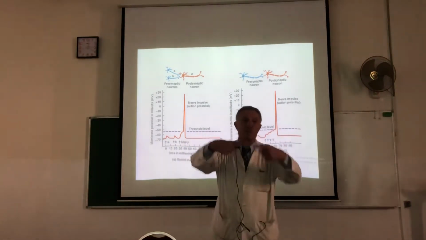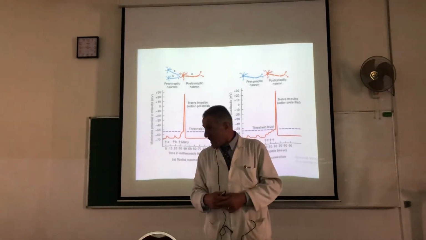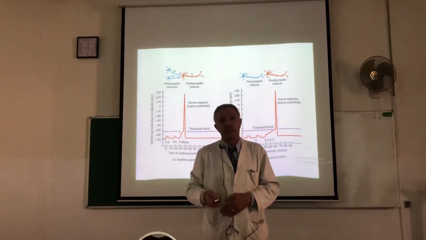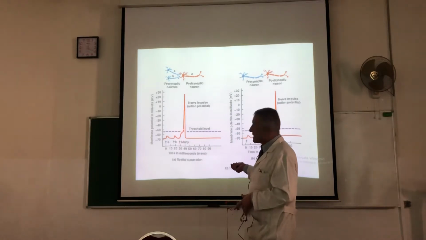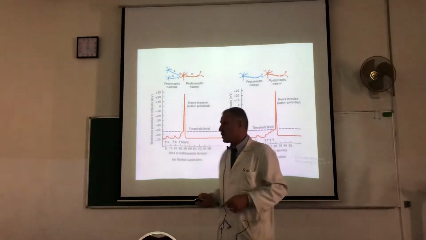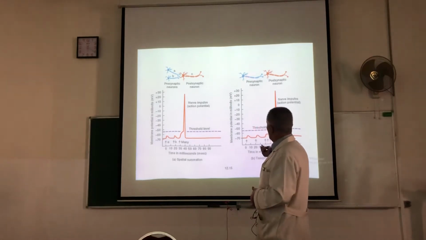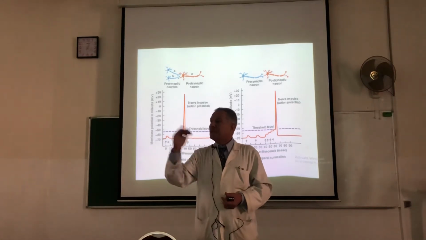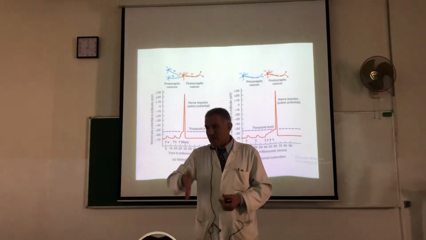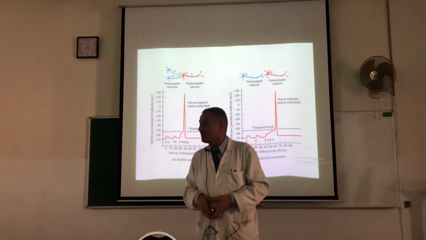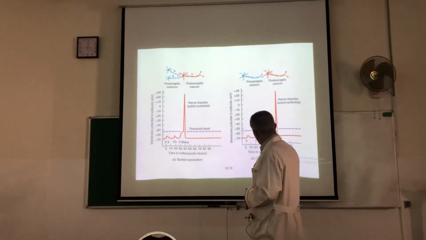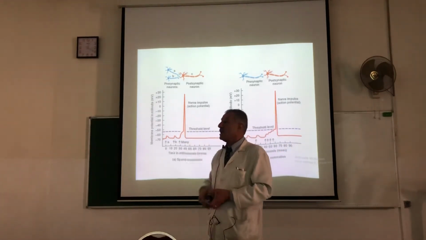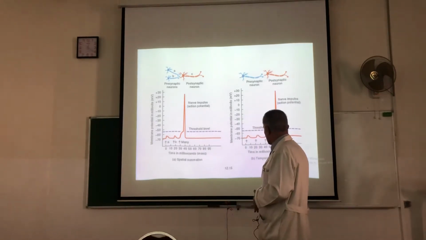I think you know the differences. In spatial summation, we have two presynaptic terminals, for example, which can generate two excitatory potentials that sum with each other to reach the threshold. While in temporal summation, we have one presynaptic input which can cause depolarization, then another action potential coming from the presynaptic neuron causes more depolarization at the postsynaptic membrane, and so on, to reach the threshold and generate an action potential.